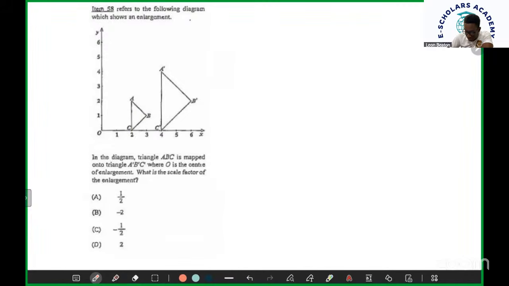We see this side A'C' is 4 because it starts at 0 and goes to 4. So that is 4 over, and we see the object AC is 2. So this is 4 divided by 2, which is simply 2 as well. So this is D.